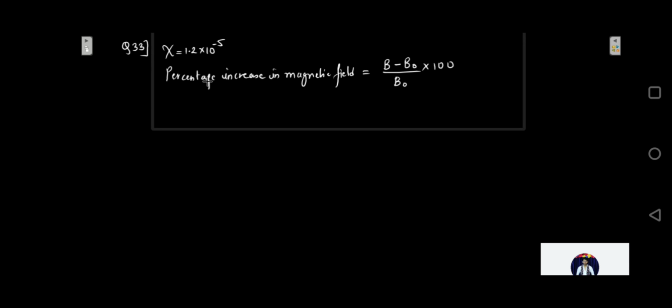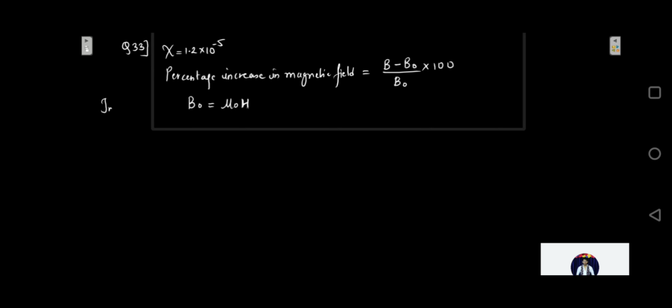So first let us find out B naught. B naught we know as mu naught into H, that is permeability of free space multiplied by the magnetic field intensity. This is in the absence of substance.